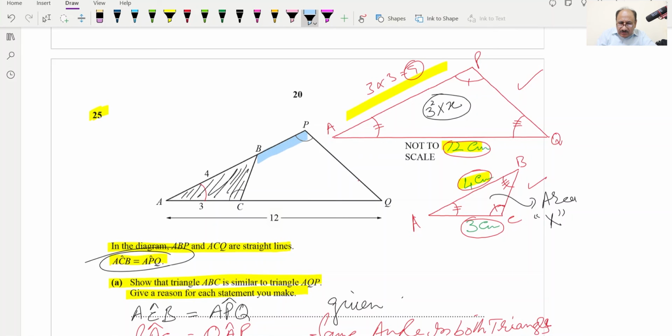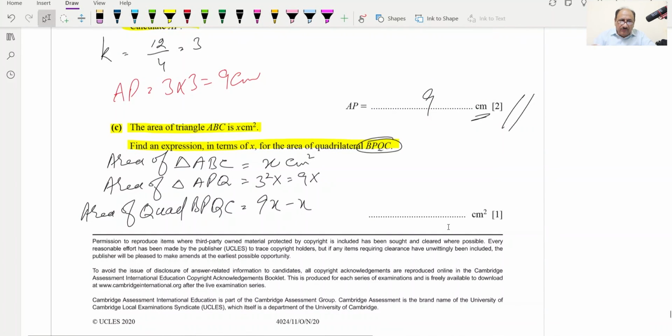The quadrilateral area which we are finding is this one. So this area will be 9x, which is total APQ, minus x, which is equal to 8x. This is how we have done, and the answer will be 8x in terms of x we found.